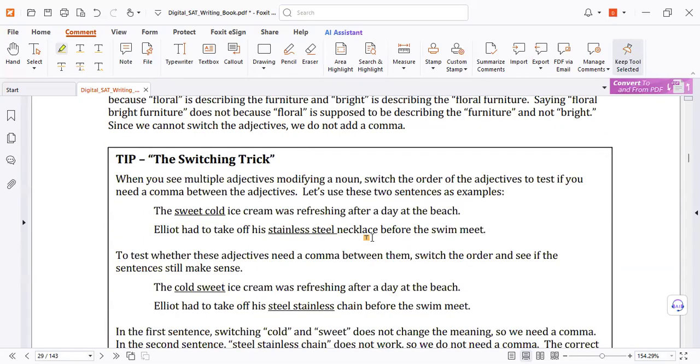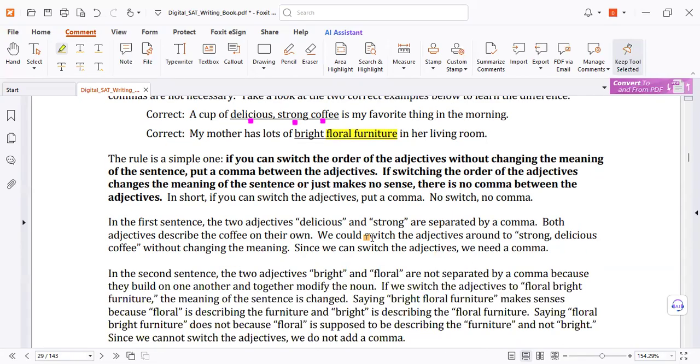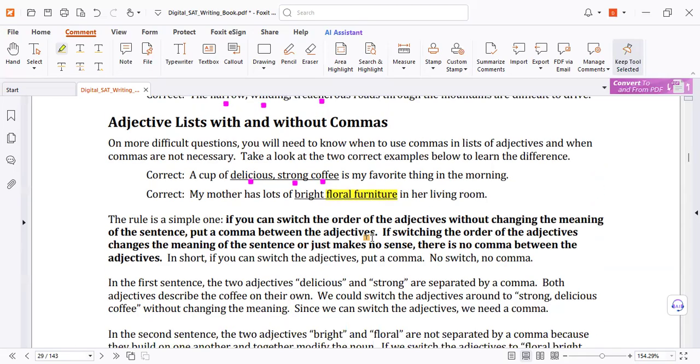Now, Mr., how will I know if it's a compound noun or not? That is a trap. To know, ask: does this adjective describe furniture? No, it does not describe it. Here the adjectives describe the coffee. A strong coffee, it's an adjective, the coffee. The coffee is a separate noun, and delicious is an adjective describing the coffee, and strong describes the coffee.